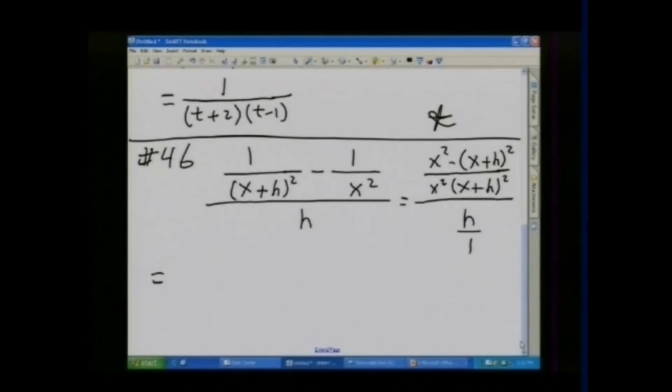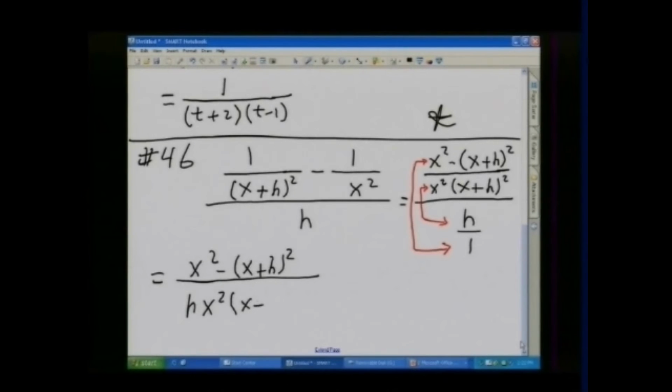Therefore, what I can do is multiply this numerator by this denominator and divide it by this denominator multiplied by this numerator. So 1 times that numerator would give me h squared minus x plus h squared, and the denominator would be h squared times h plus h squared.